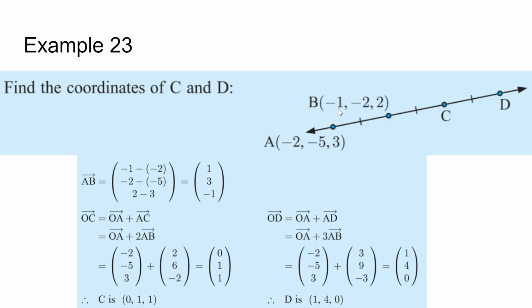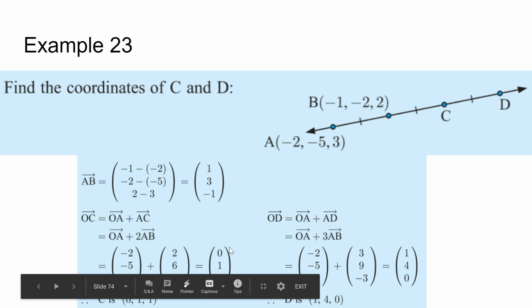So I'm going to add 1 to negative 1, giving me 0. That means the x component of C is 0. I'm going to add 3 to negative 2, giving me the y component as 1. And I'm going to subtract 1 from 2, and I'm going to get the z component of 1.